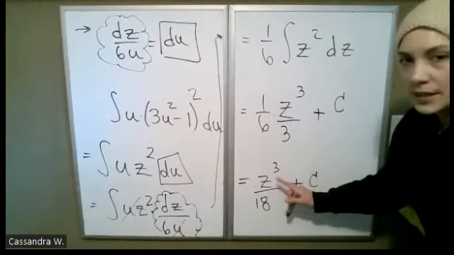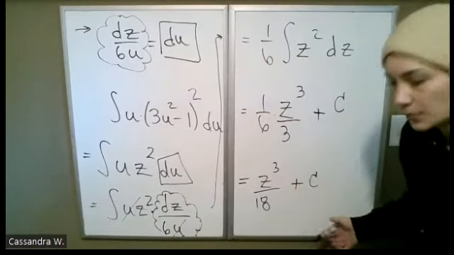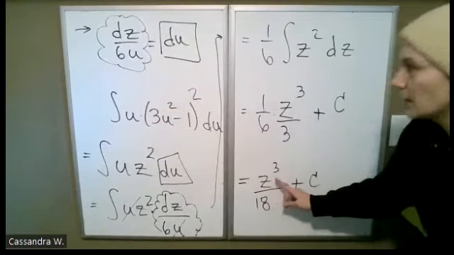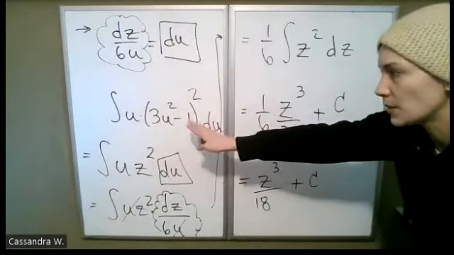And the problem started in terms of u, and you want it to end in terms of u. So you want to put the value of z back into the problem. It was that 3u squared minus 1.